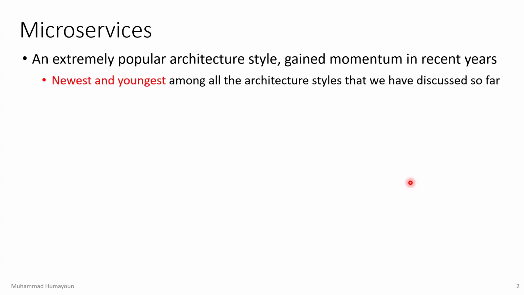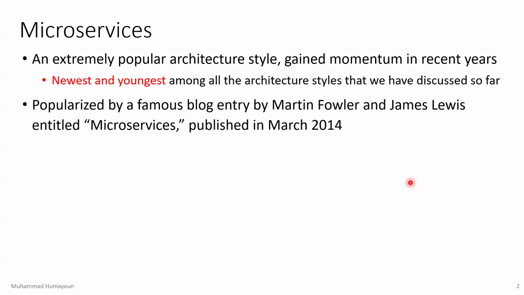It is an extreme form of domain-driven design. So the term microservices actually got famous from a blog entry written by Martin Fowler and James Lewis in March 2014. Before that, we usually called this kind of architecture domain-driven design, but now it is called microservices.